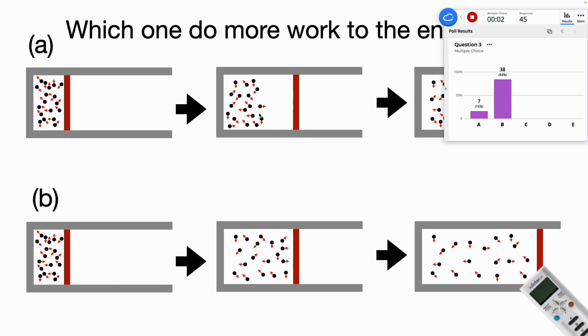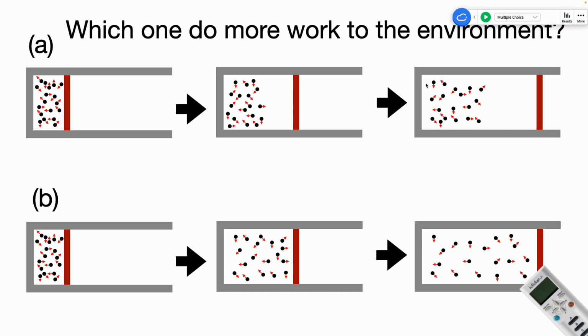Here, some of the molecules might be able to make it to the right, but most of them don't have time to reach the piston yet if you move the piston really fast away from the gas. So on the top, you'll create an area with small pressure compared to the bottom one, and when the pressure is small, you have a smaller work overall. So the bottom one will have more work done to the environment.